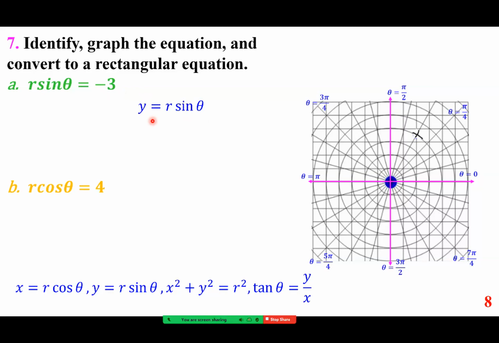So y equals negative 3, which you know it to be a horizontal line, okay? Because it's negative 3, 1, 2, 3, below the x-axis, the polar axis, if you will.